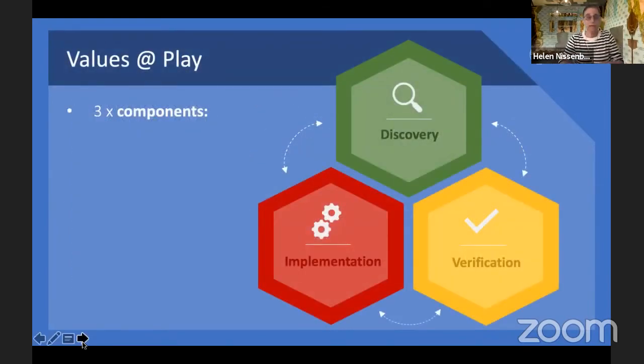So the values at play framework involves three components. They aren't steps, so it's not first, second, third, but just three activities that look different from one another.